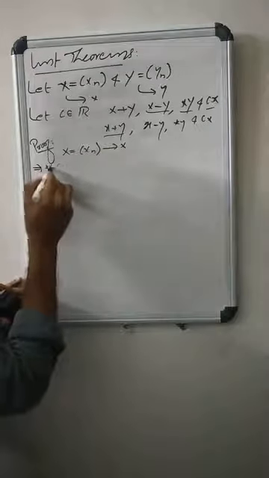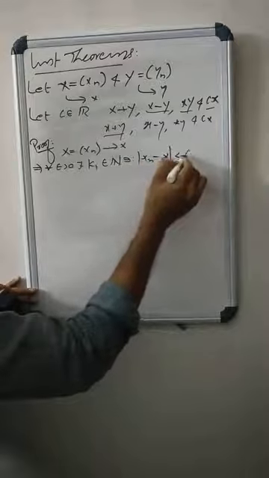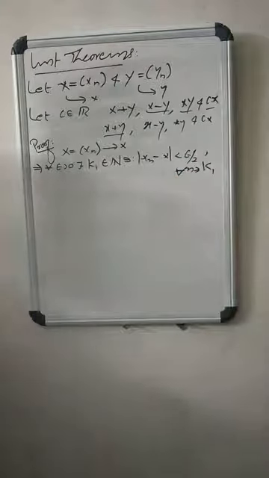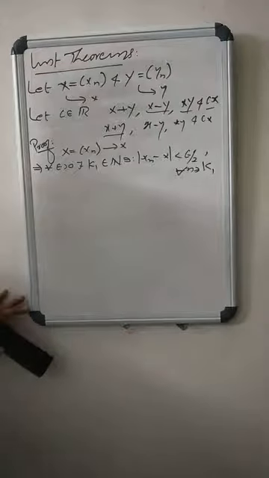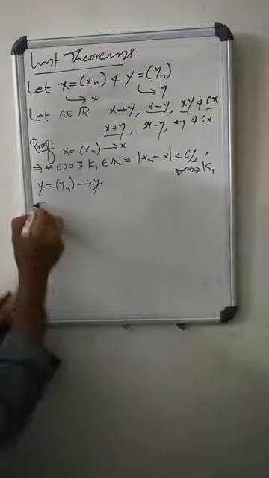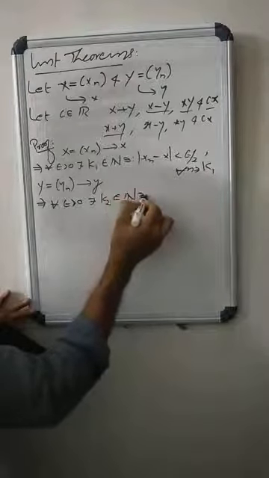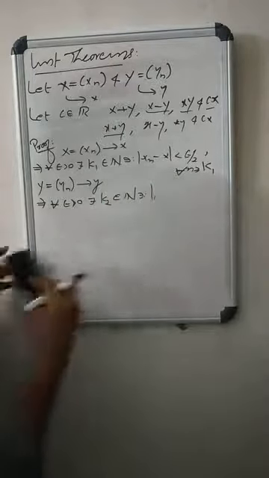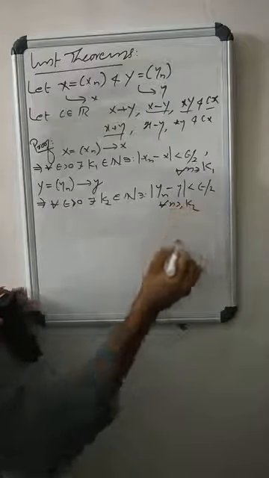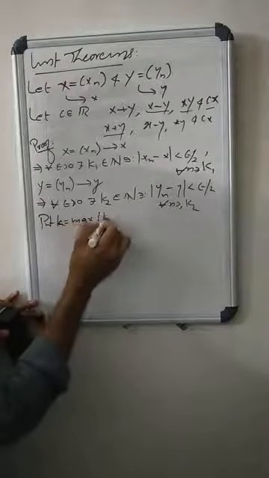How? Let the sequence xn converge to x. That means for all epsilon positive there exists a natural number k1 such that modulus of xn minus x is strictly less than epsilon by 2 for all n greater than or equal to k1. Also, the sequence yn converges to y, which means again for all epsilon positive there exists k2 such that modulus of yn minus y is strictly less than epsilon by 2 for all n greater than or equal to k2. Put k equal to the maximum of k1 and k2.